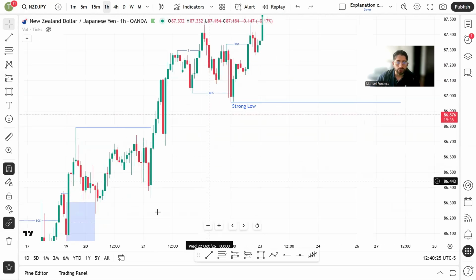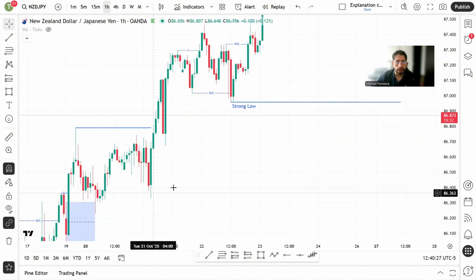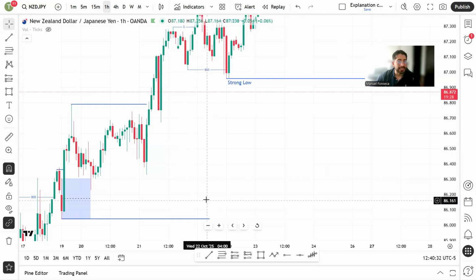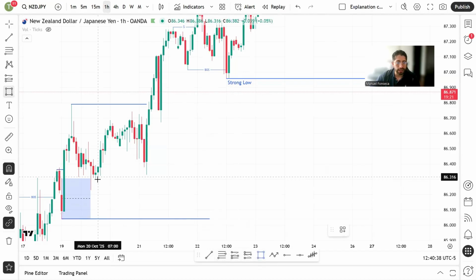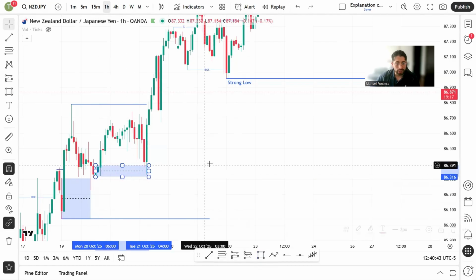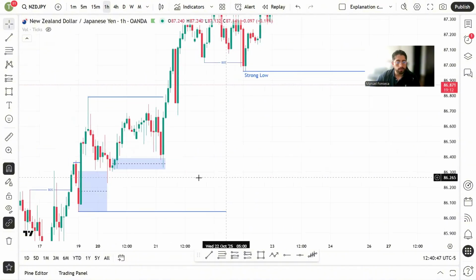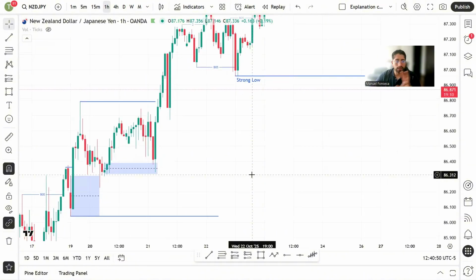Now we may consider this low as a strong low for a concept called order flow, right? It's a concept I will explain especially to the advanced learners, because this is a range class where we're just seeing the fundamental core concepts.